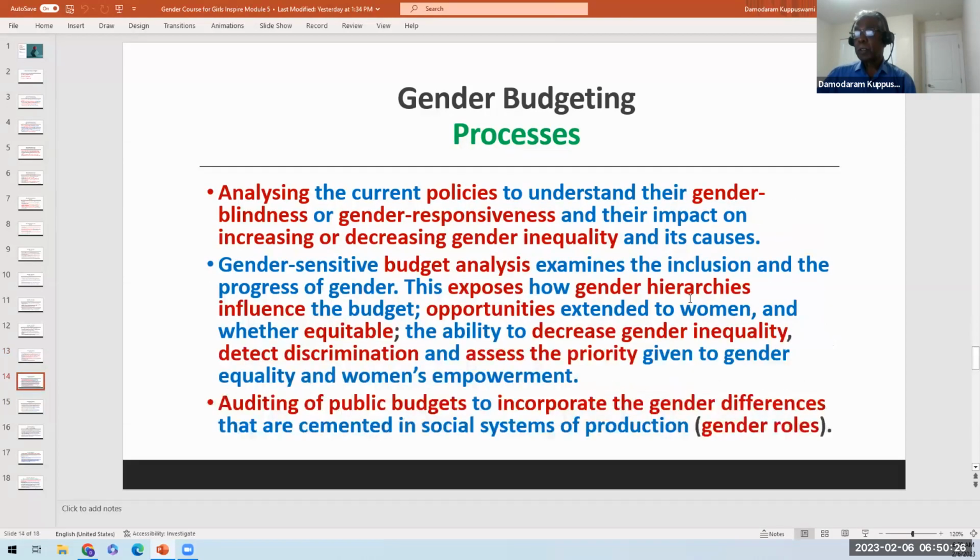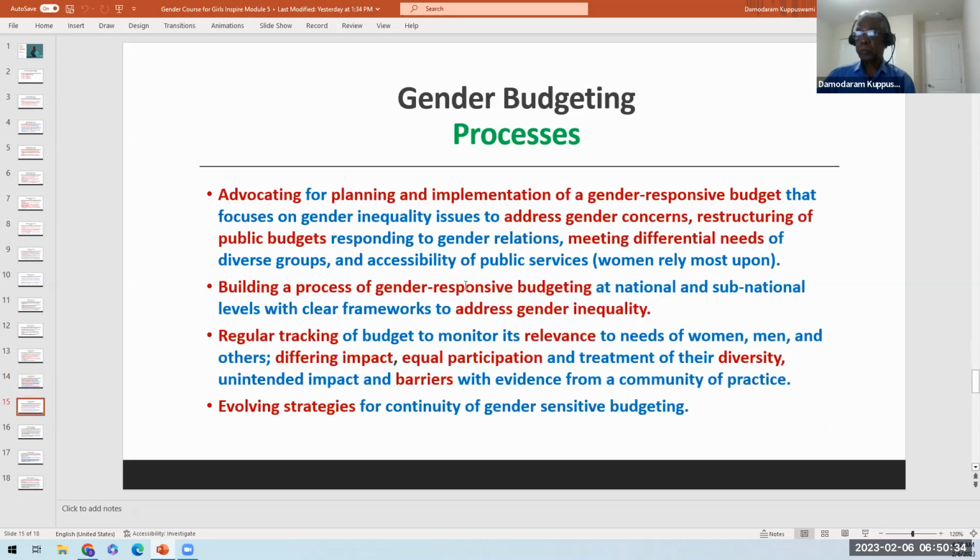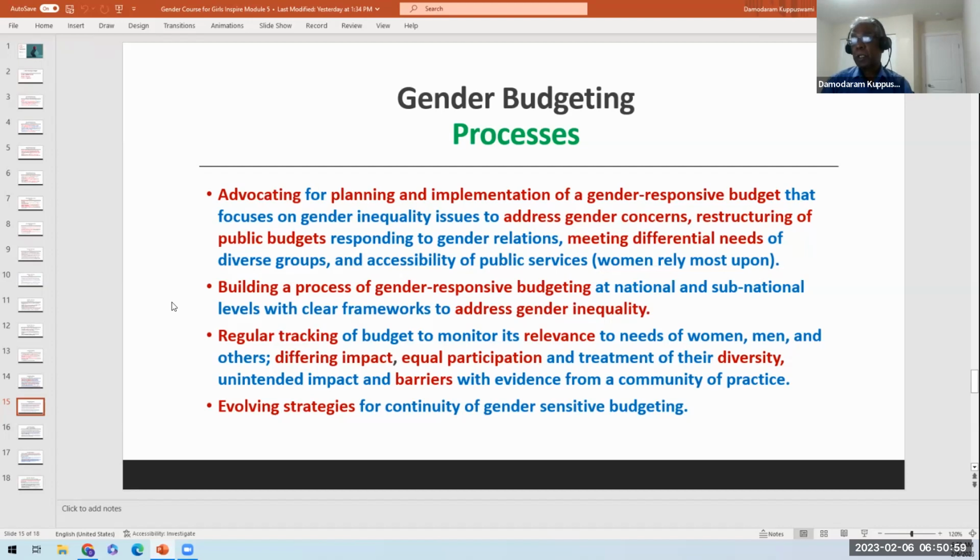So what processes should we have? We need to look at advocating for the implementation of a gender responsive budget that focuses on inequality, addresses concerns, and restructures budgets to respond to gender gaps and meet the differential needs.